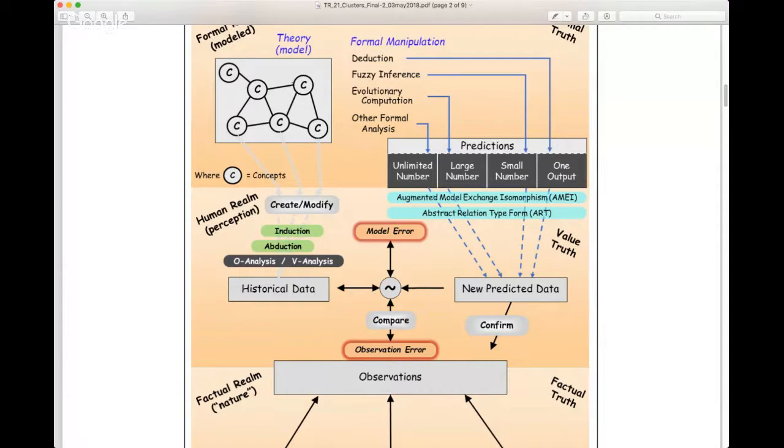Can I ask a question at this stage? Sure, go ahead. What is the context here? Do you assume that every observer observes the same way? No. Isn't there something missing in the human realm, which is the confrontation of perceptions and the interpretation of the various perceptions that may differ?